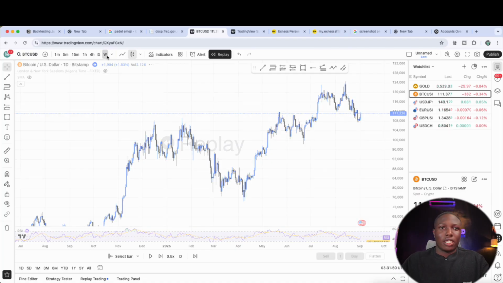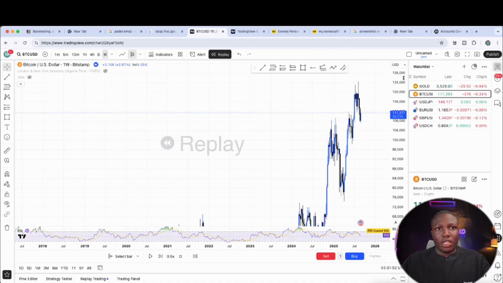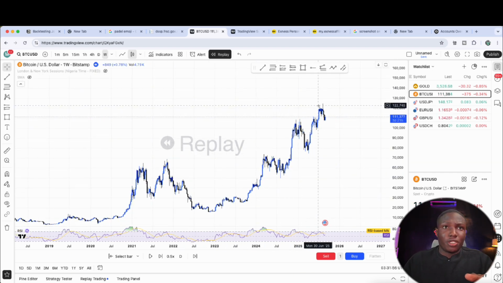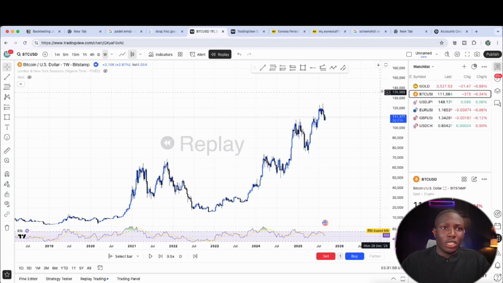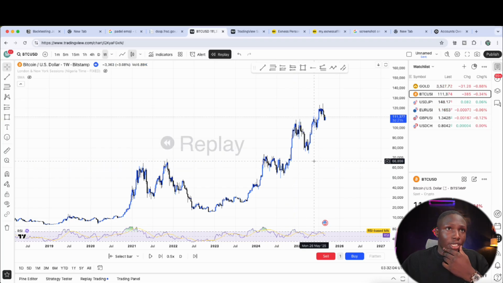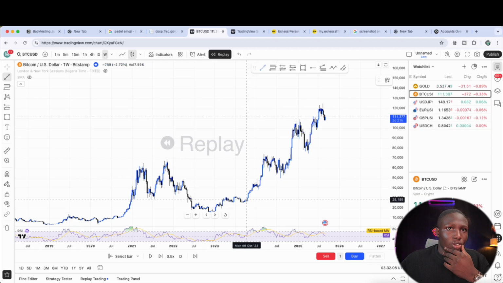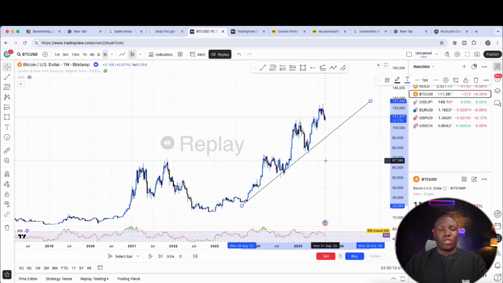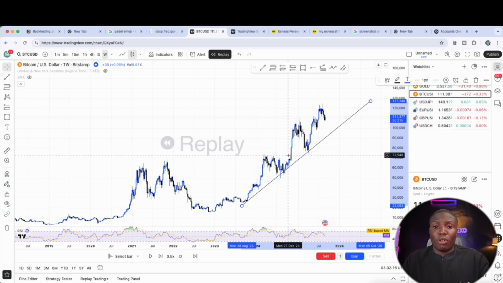As you can see, Bitcoin has been very bullish for some time. The buys have been more than the sells, so the bulls are stronger than the bears in the market. Our trend line is showing a bullish push to the upside, so we're going to be looking for more buys.